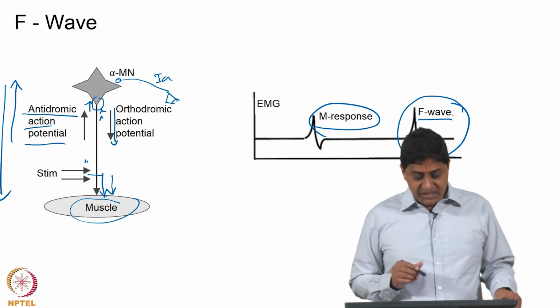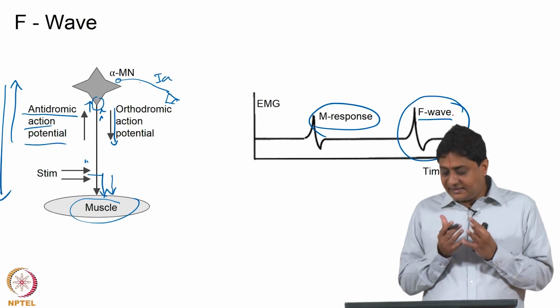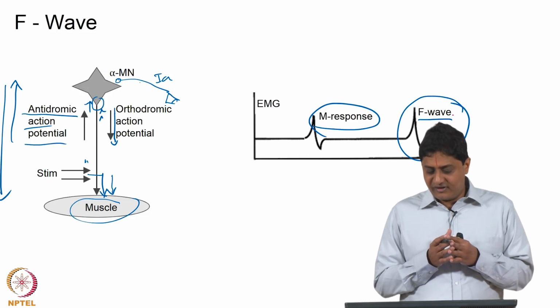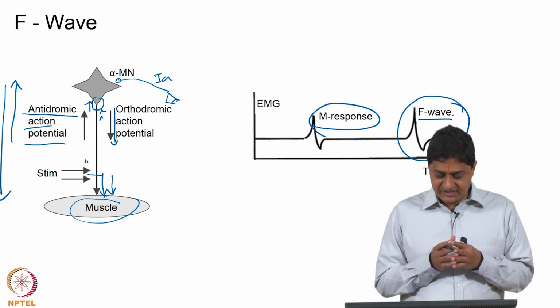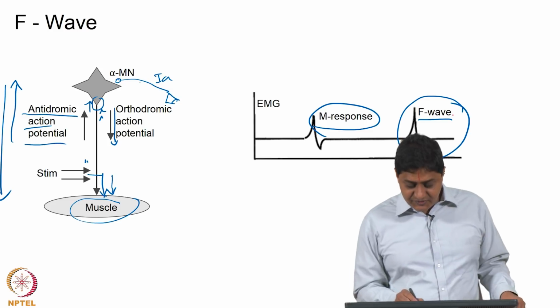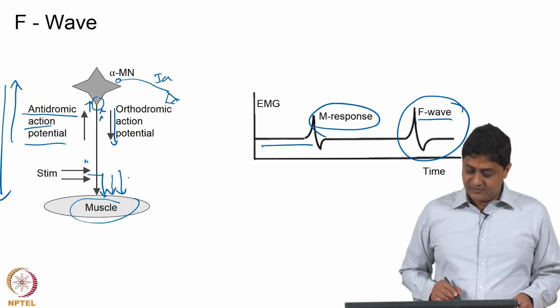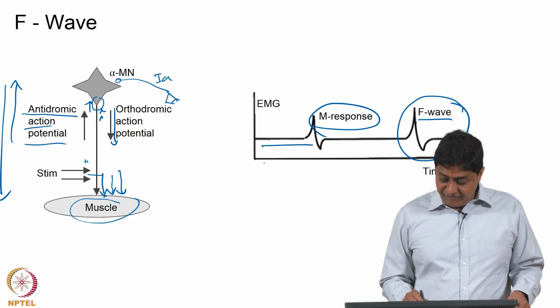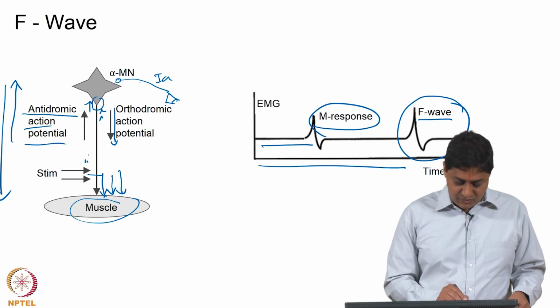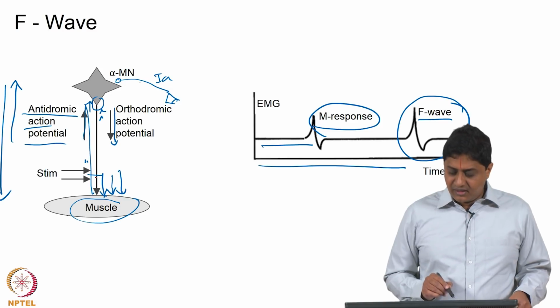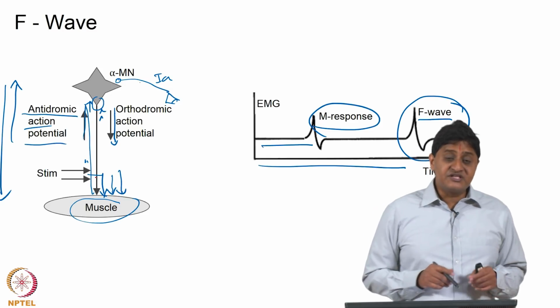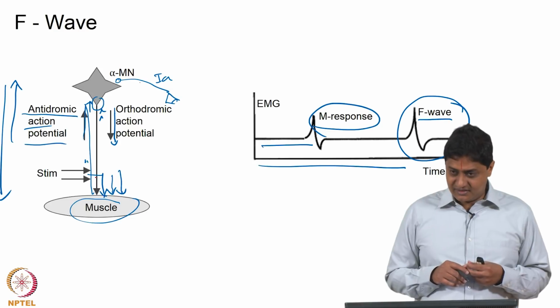Okay. If I were to compare the latency of the M response, F wave and H reflex, let us remind ourselves, the M response will arrive earlier. Why? Because it travels a shorter distance. The F wave will arrive next. Why? Because it goes and comes back. When will the H reflex arrive?